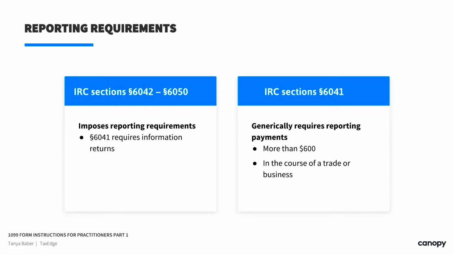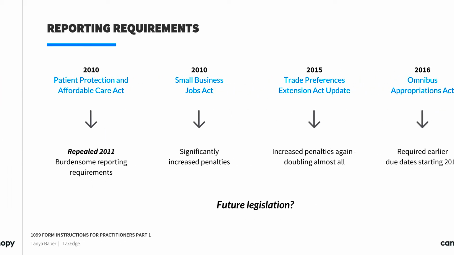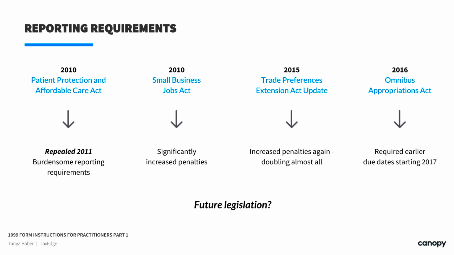If we look at all the changes of all this legislation, we've seen a lot that's happened over the past few years. If we look at one of our bigger changes, the Patient Protection and Affordable Care Act, nowadays we just refer to it as the Affordable Care Act, was signed into law way back on March 23rd of 2010. It made some extremely burdensome requirements for 1099 reporting.